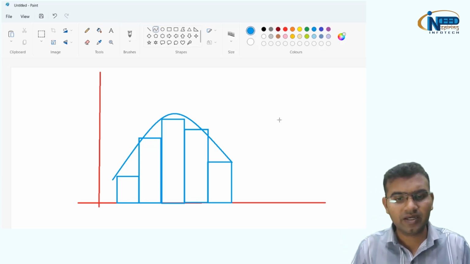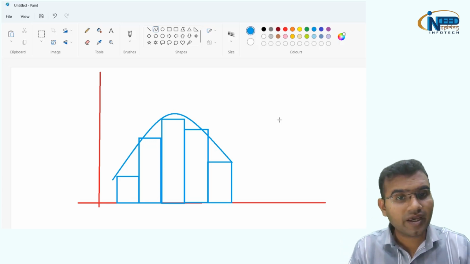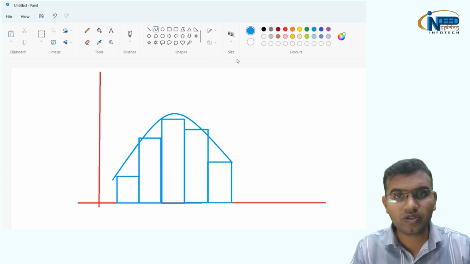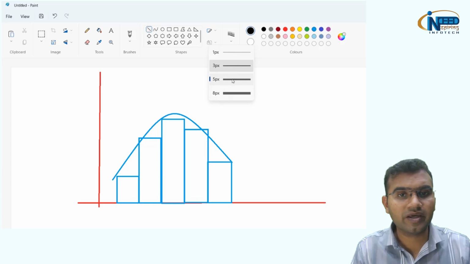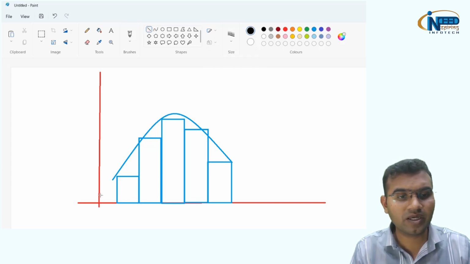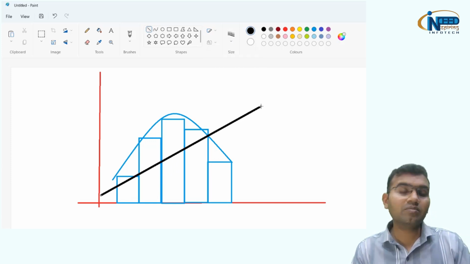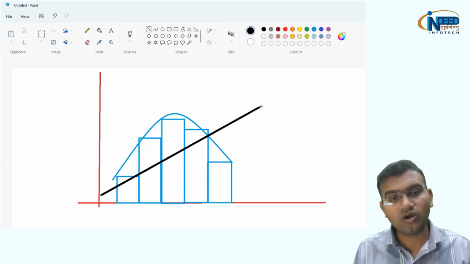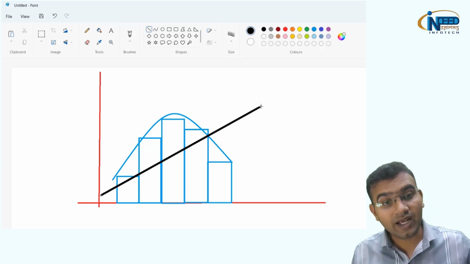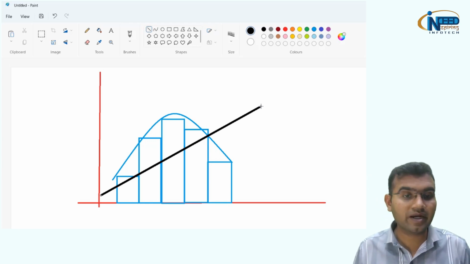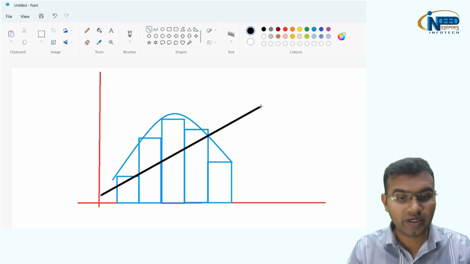But on the other hand, if the relationship is something like this, then it is not normally distributed. The data has to be normally distributed.